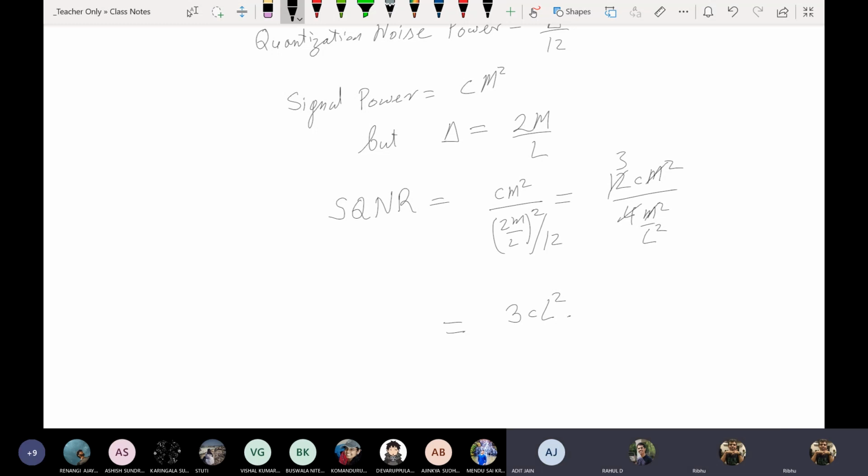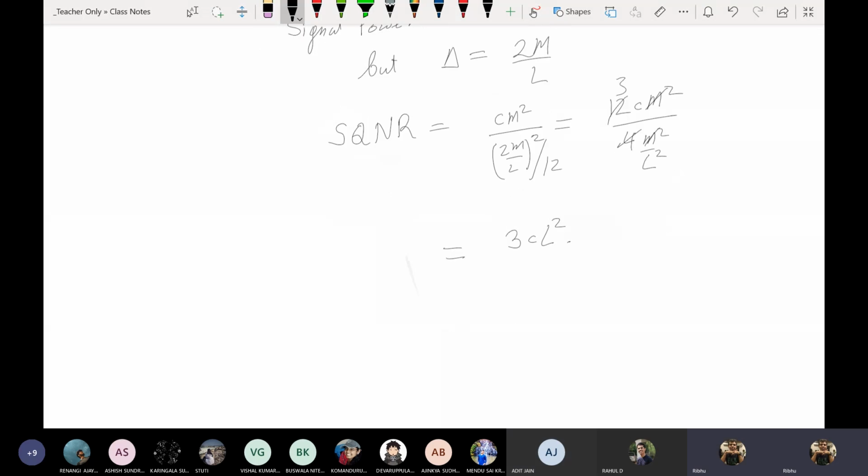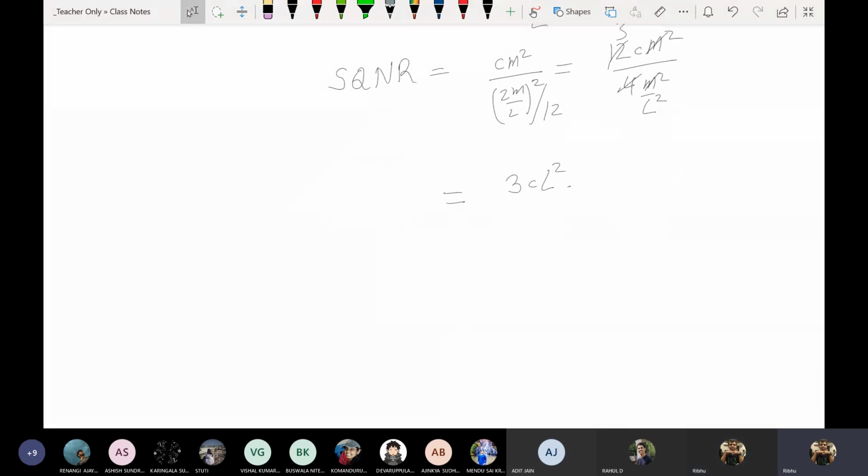In other words, the larger the number of quantization levels, the more the signal to quantization noise ratio, which makes intuitive sense. But the picture is not complete yet. Also, the more the power of the signal, the better, but that is obvious, and that disappears.